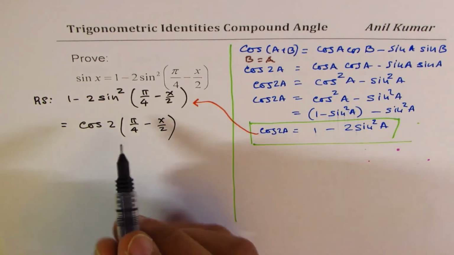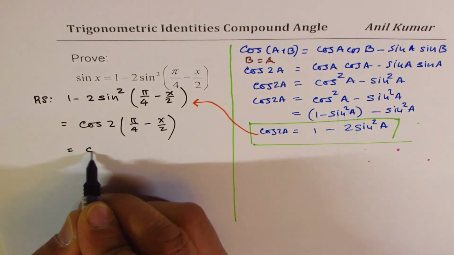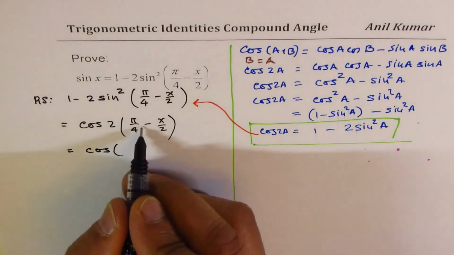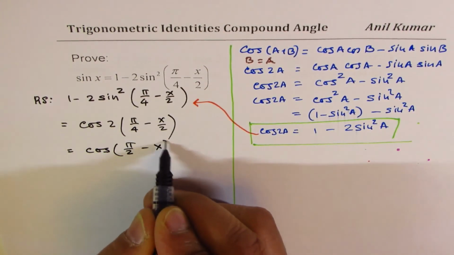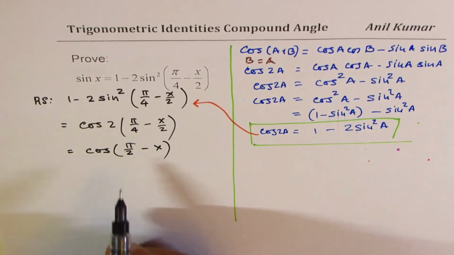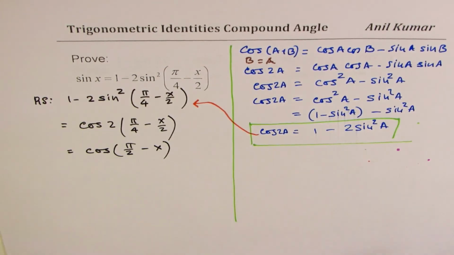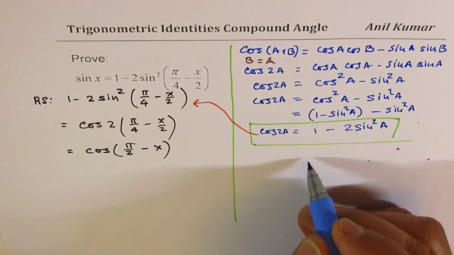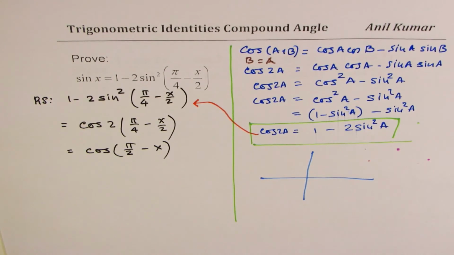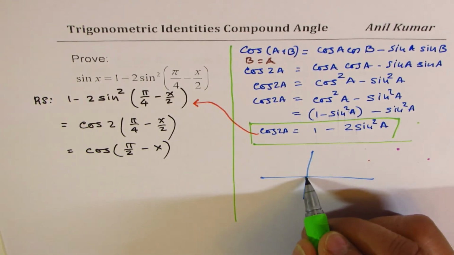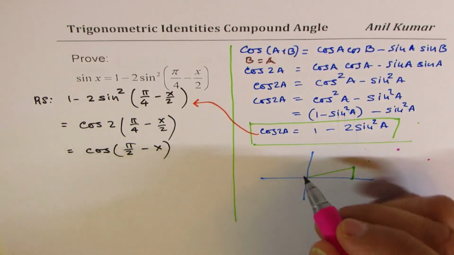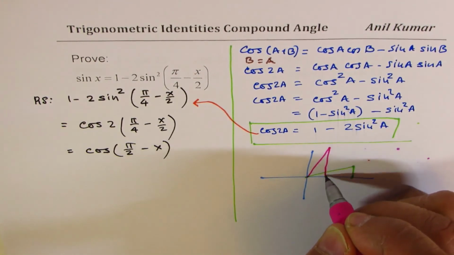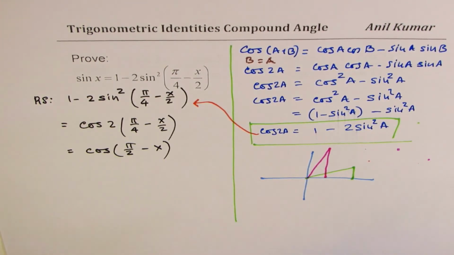Is it okay? Now if you open the bracket, when you multiply, you get cos of pi by 2 minus x. And from CoFunction identities, you have learned that now we're talking about relating this angle x with pi by 2 minus x, which is this triangle. Do you see that?